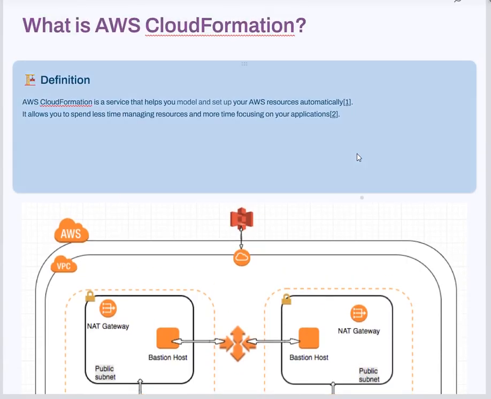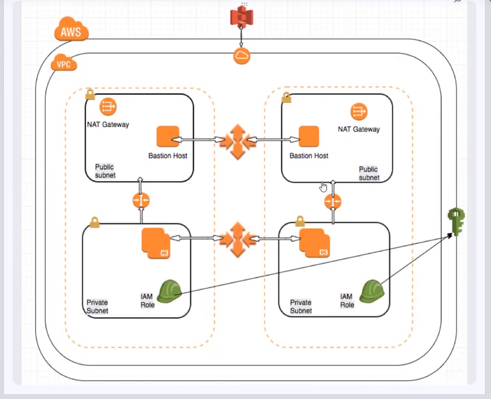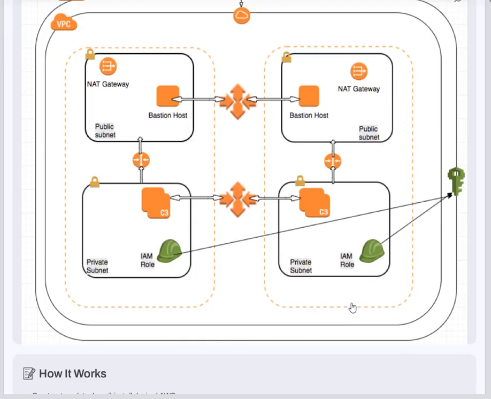So we explained what CloudFormation is. CloudFormation is a service that helps you to model and set up your AWS resources automatically. It allows you to spend less time managing resources and more time focusing on your applications. So see that, this whole infrastructure is created in here as well, also replicated.